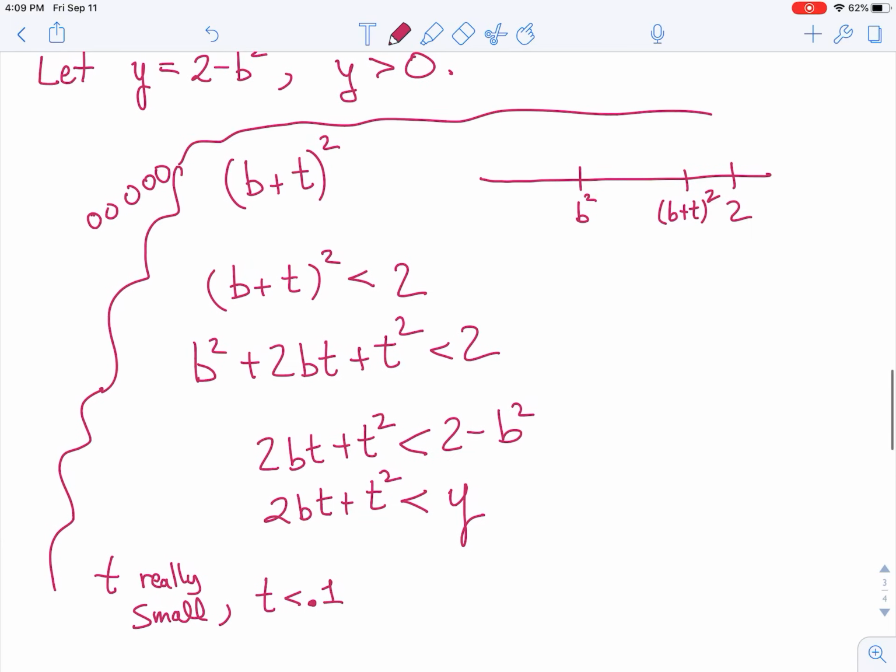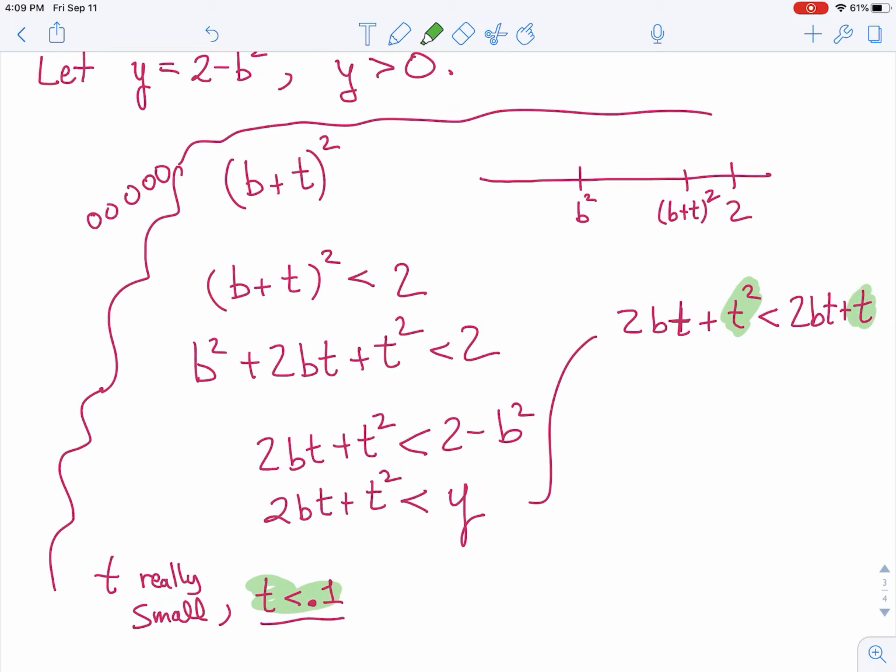As long as I can get a t that works, I'm going to be happy. So let's agree that we want t to be really small. And then 2bt plus t squared is definitely smaller than 2bt plus t, because if I take a number smaller than 0.1 and square it, it's going to get even smaller. It only needs to be smaller than 1, actually, for this to be true. But I'm just going to take a really small number.